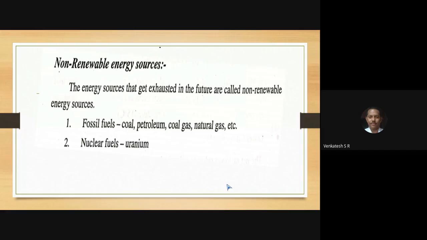Next title, write down number two, non-renewable energy sources.